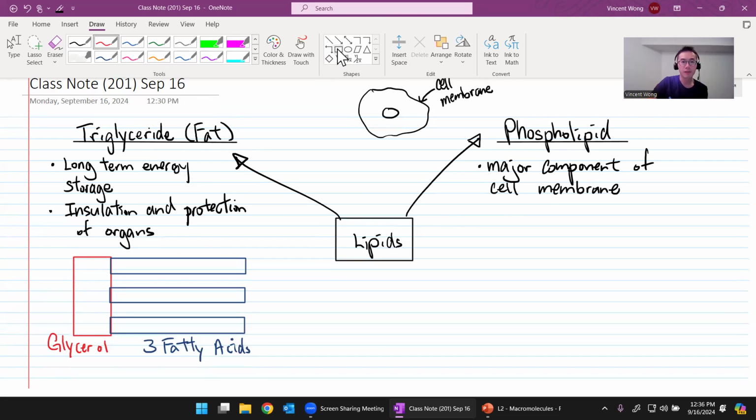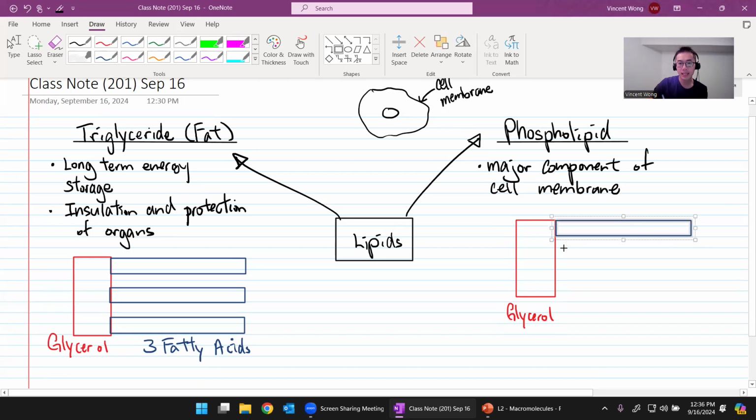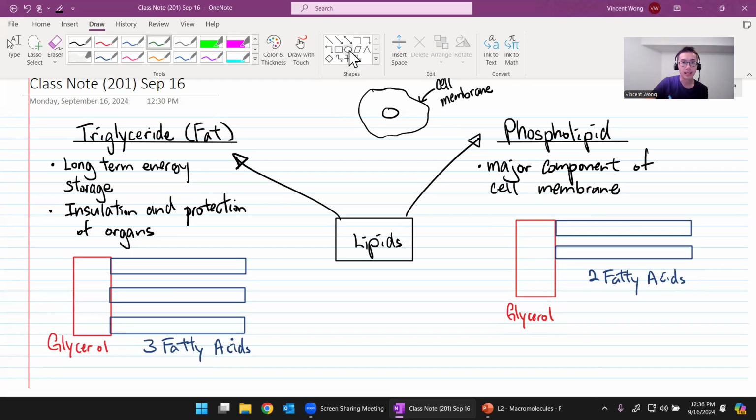How do you build a phospholipid? You need glycerol as well, and 2 fatty acids, and a new thing here called the phosphate head.